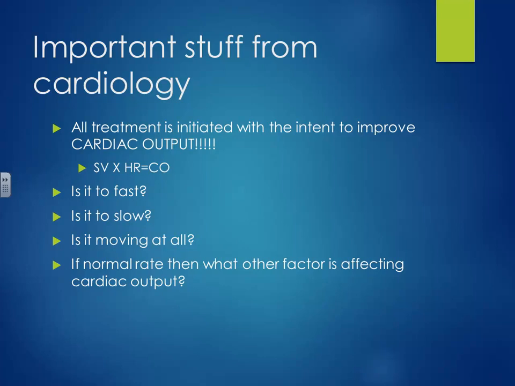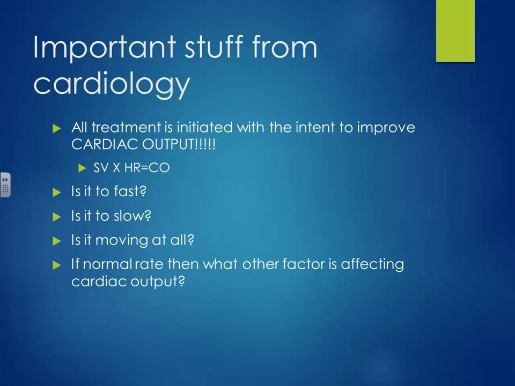The electrical and the mechanical is not doing what it's supposed to do in order to perfuse the body appropriately. Now, there's several different reasons for that. And so there's different ways to treat different cardiac problems, but your end goal is the same for all of them, and that is to restore cardiac output.